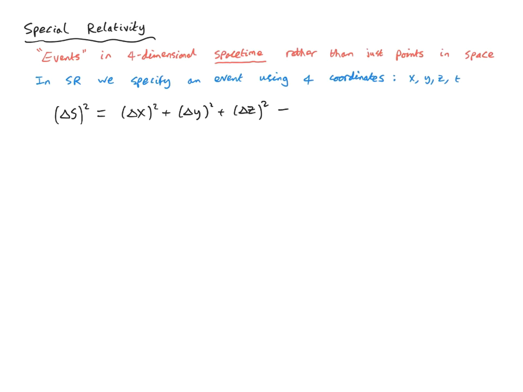But then there's an extra term in 4 dimensions: minus c delta t squared, where c is the speed of light. This result and much, much more will be derived and discussed from scratch in the second part of the course. But for now, let me just dangle it in front of you and we'll explore some of the consequences of it. So this object I've written down here is the space-time interval.